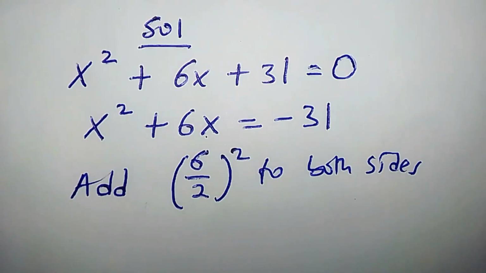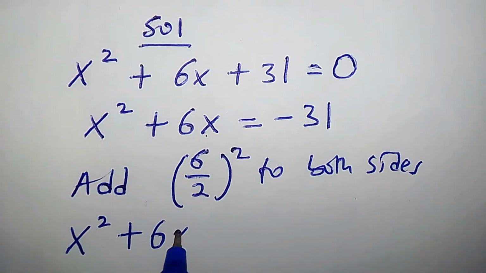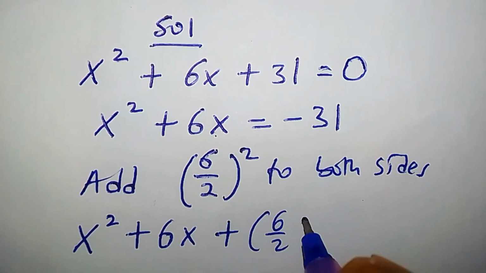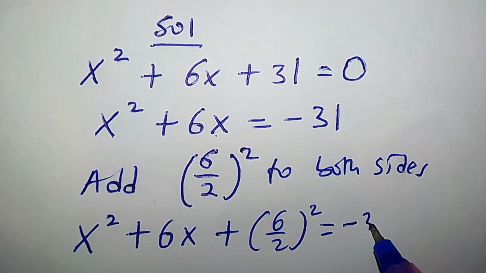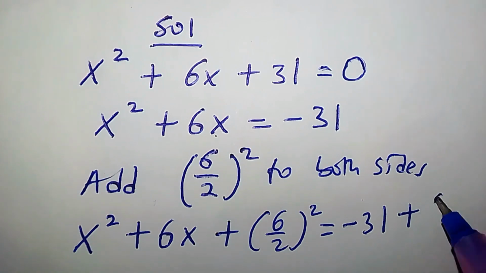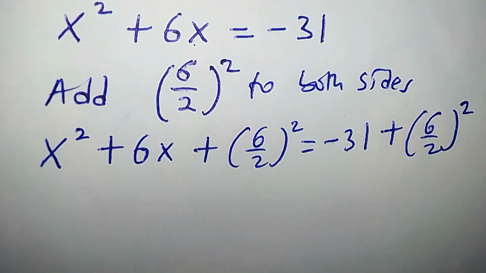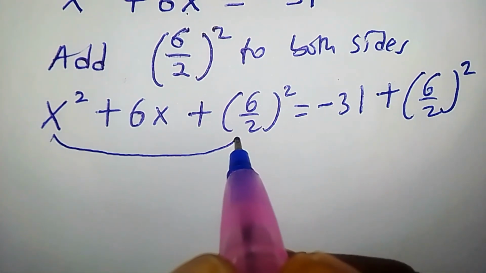That's the second step. So that gives x^2 + 6x + (6/2)^2 equal to the right hand side, -31 + (6/2)^2. Let's continue. Now, let us combine this left hand side.